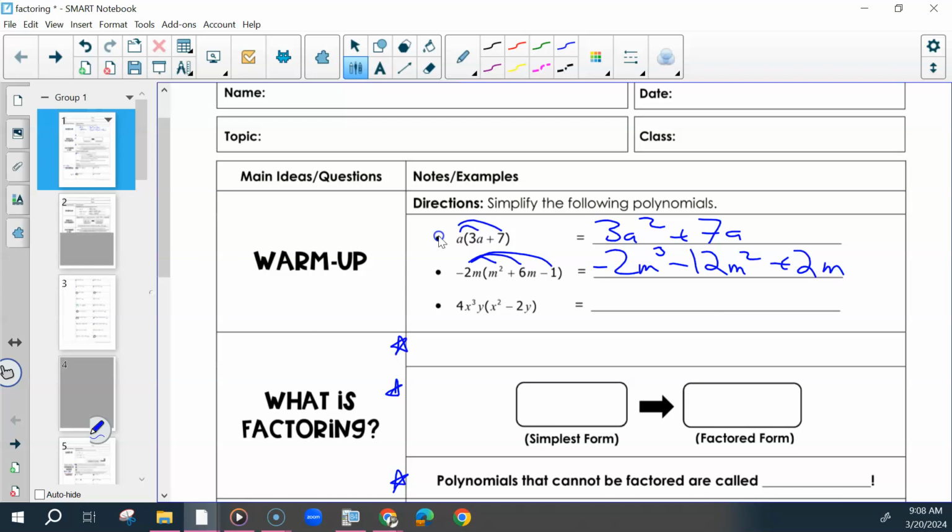The last one we're going to go a little slower, but multiply this entire term to x squared and to 2y.